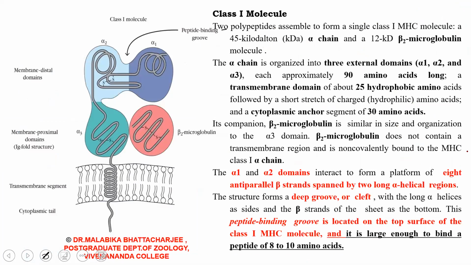Now, I just wanted to show you this picture to give you an idea about the MHC molecule. As you can see, this is MHC class 1 molecule. This is how the receptor looks. So we have one alpha chain which is attached to the membrane, and we have a small beta chain.